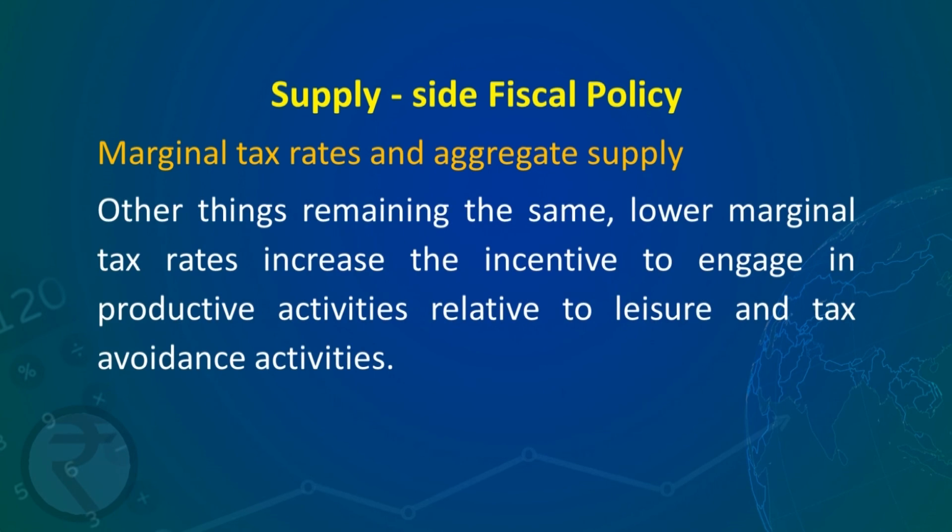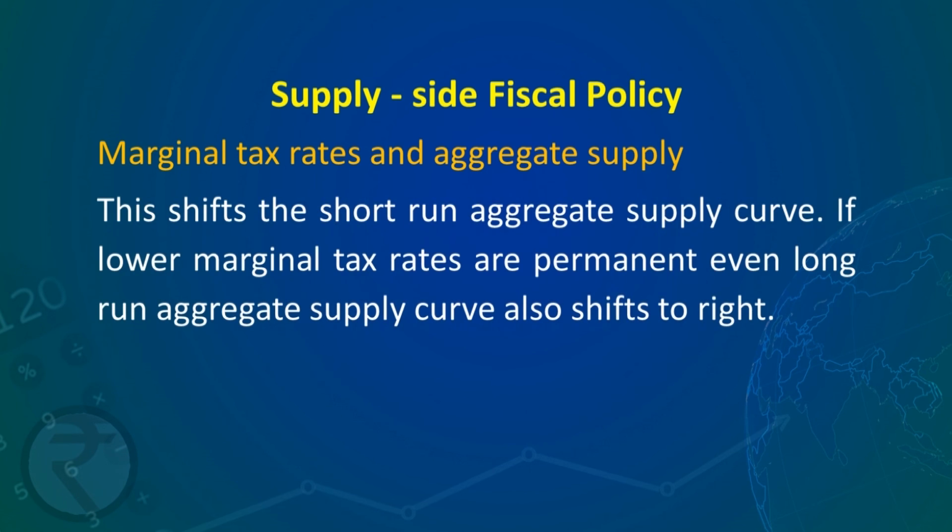Other things remaining the same, lower marginal tax rates increase the incentive to engage in productive activities relative to leisure and tax avoidance activities. This shifts the short run aggregate supply curve. If lower marginal tax rates are permanent, the long run aggregate supply curve also shifts to the right.